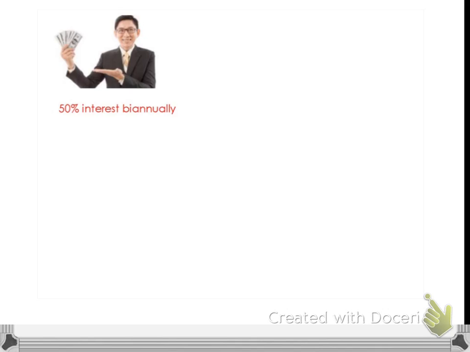All right. Let's consider the next bank deal. So again, the initial loan is $1,000, and this time the rate is 50%. And we're going to calculate the interest twice: first at 6 months, and then again at the end of the year. So the first calculation of interest gives us $500.